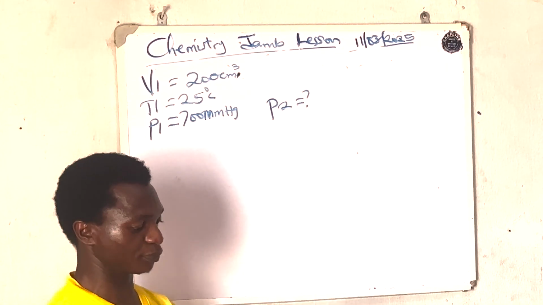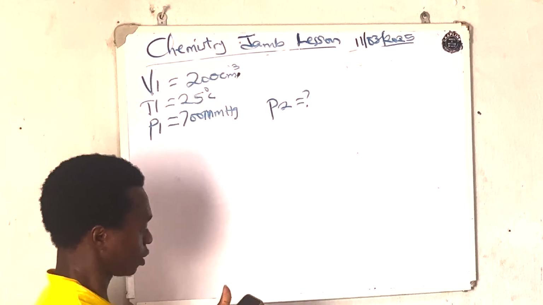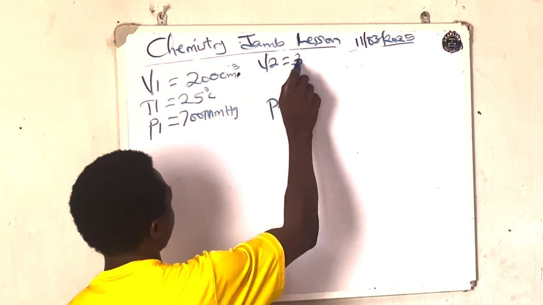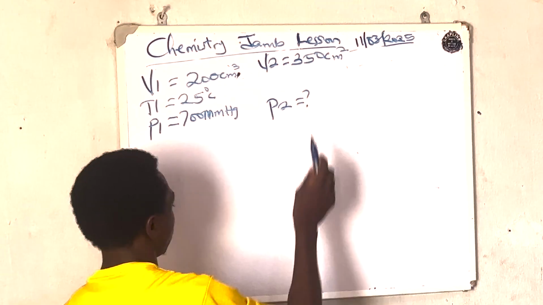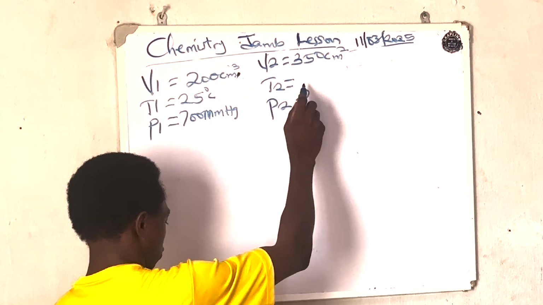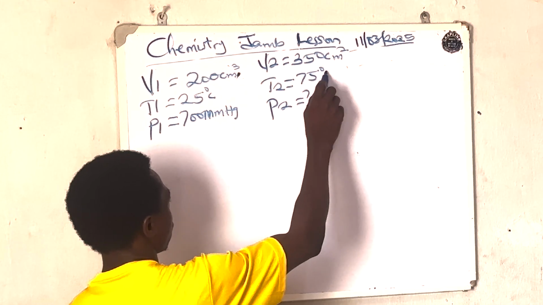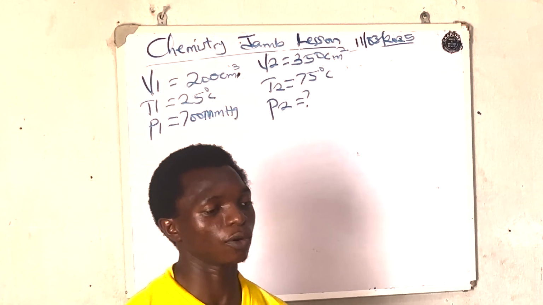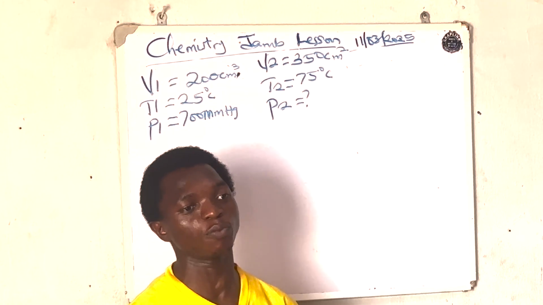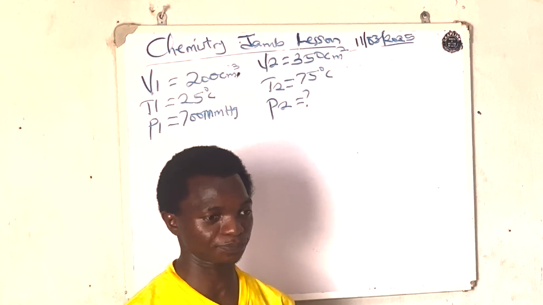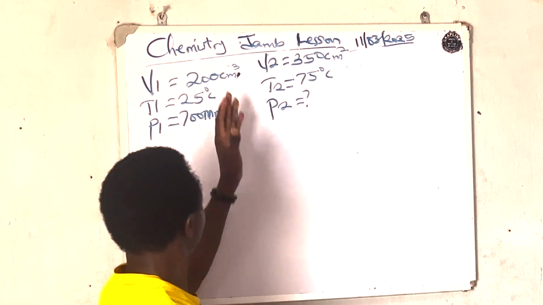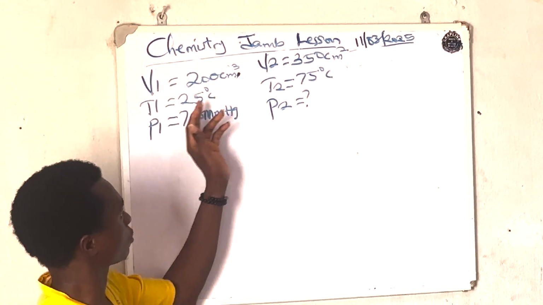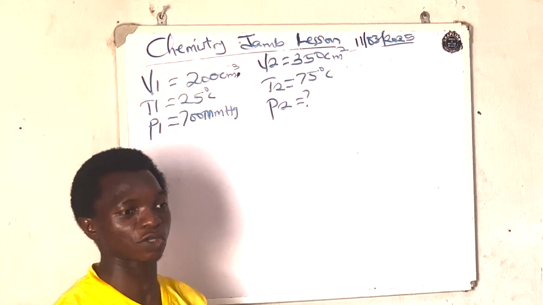Calculate its pressure if its volume increases to 350 cm cube. Your V2 is 350 cm cube, while our T2 is equal to 75 degrees centigrade or Celsius, respectively. Now look up and follow me as we find the new pressure from that question. You are given all the data, your P1, V1, T1, your V2, T2, but P2 is not given.